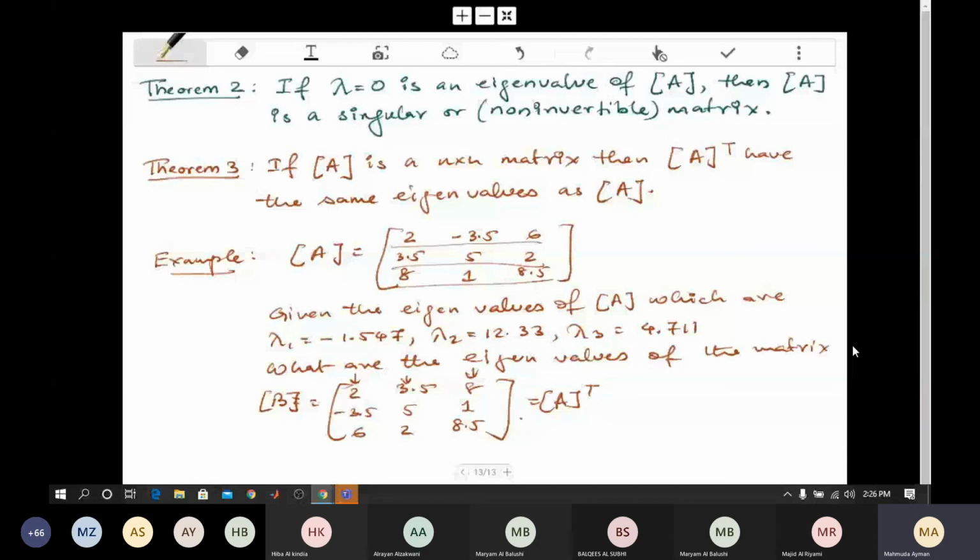If given such a question in the exam, you should be able to notice that B is A transpose, and so the eigenvalues for B will be the same as the eigenvalues for A. So the eigenvalues for B will be minus 1.547, lambda 2 will be 12.33, and lambda 3 will be 4.711.